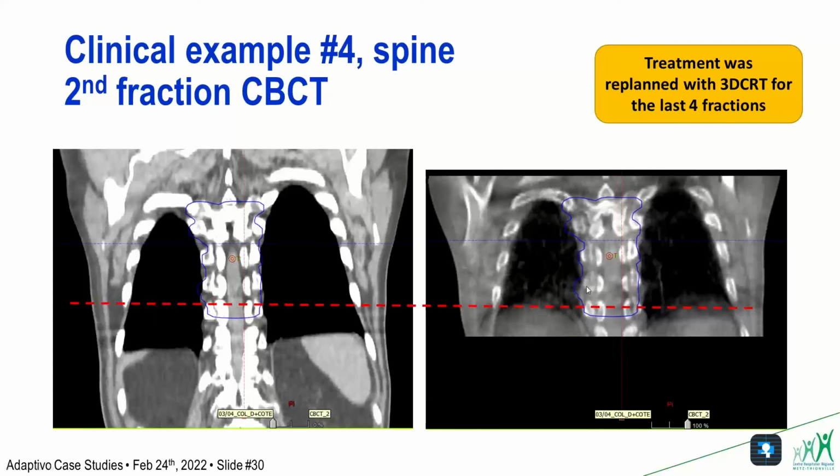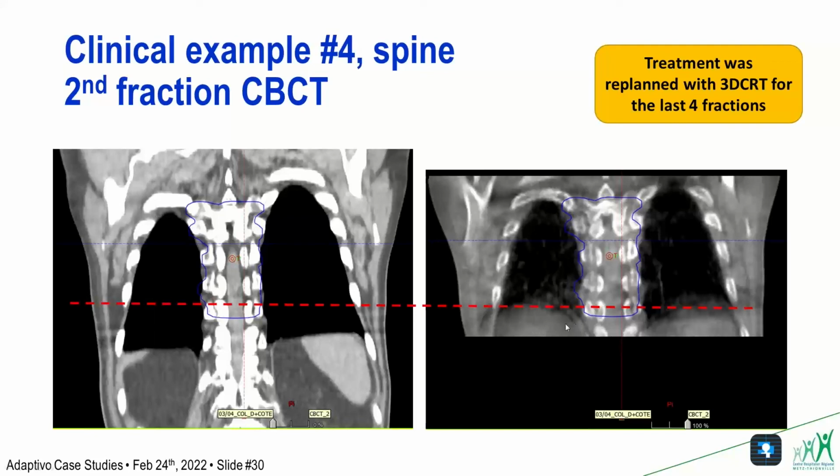so on the right of the slide, the densities in the inferior part of the lung are completely different than in our 3D scan that we acquired because we planned to use a 3D CRT treatment. So because of this density difference, the delivery of the plan was so different with this underdosage behind those high density structures.